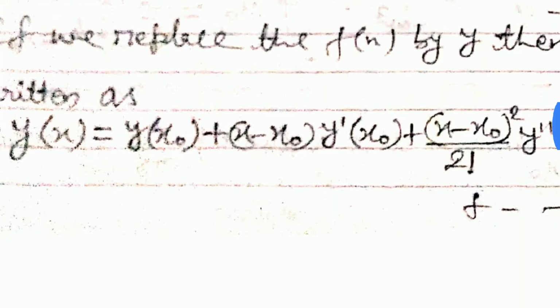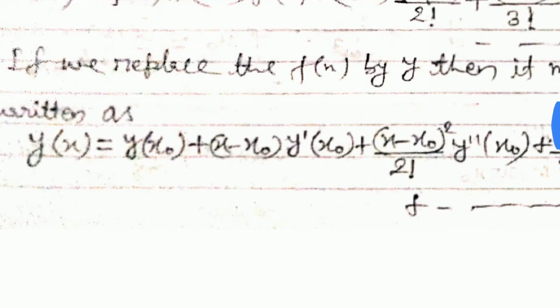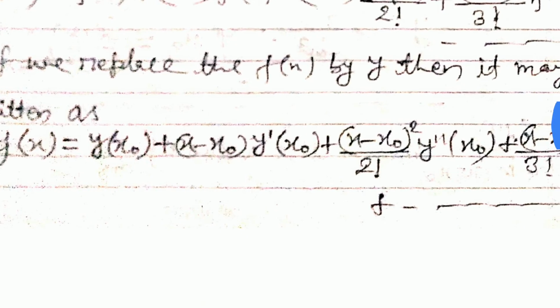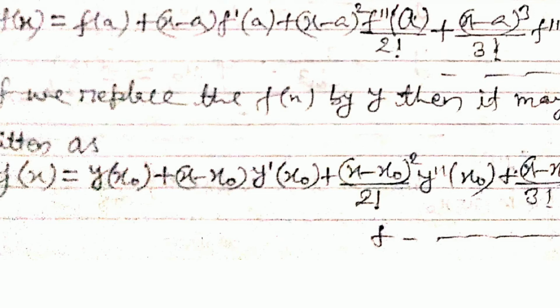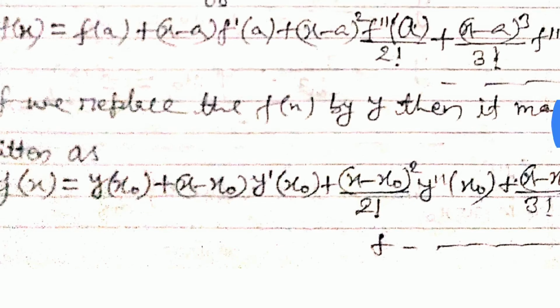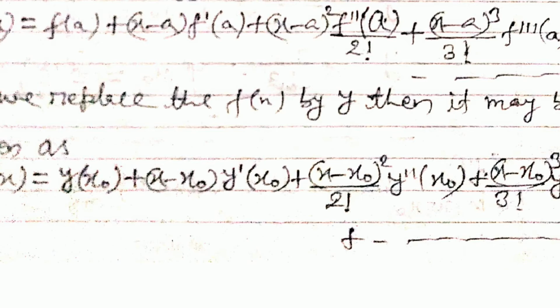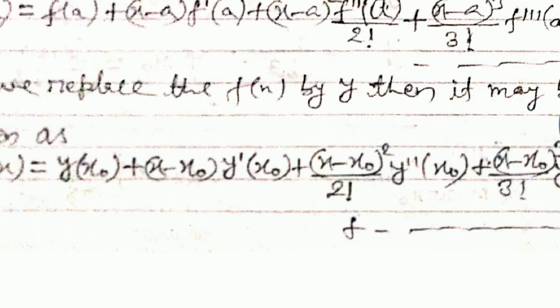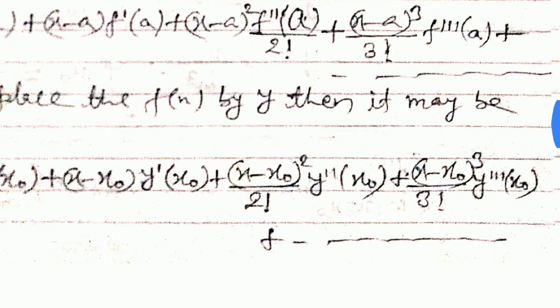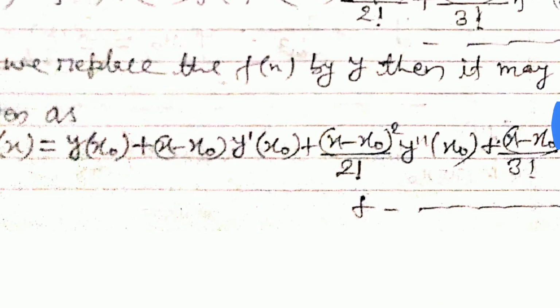So we write the first value of y at x equal to the initial value x naught: y(x naught) plus, in place of a there is x naught, so (x minus x naught) times the first derivative, represented by y prime at x naught, plus the second derivative of y at x naught times (x minus x naught) whole square by factorial 2, and similarly we go on.